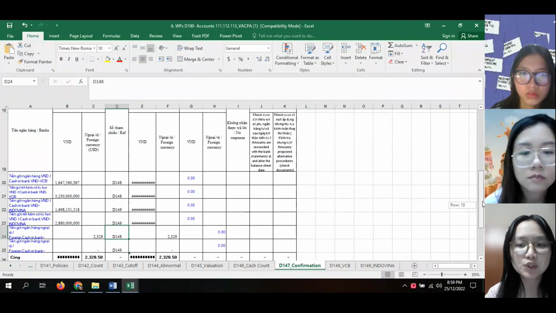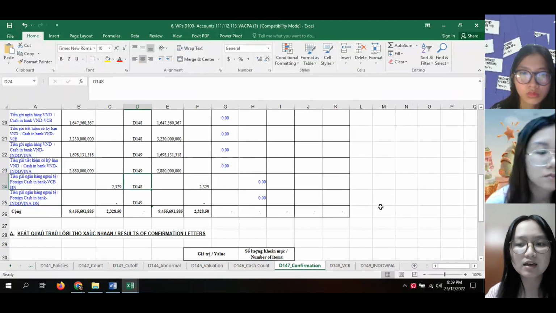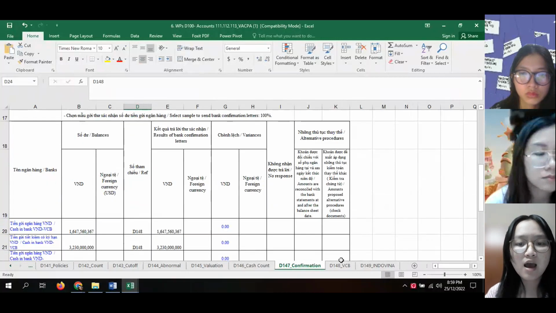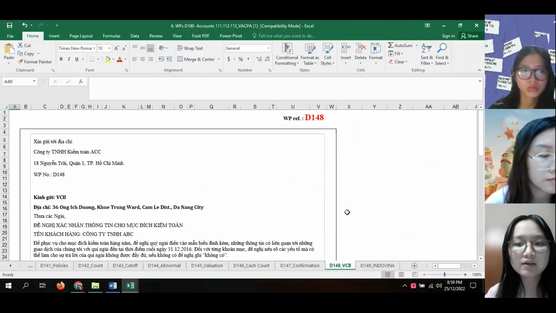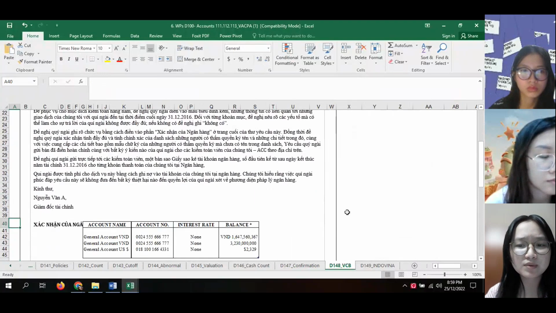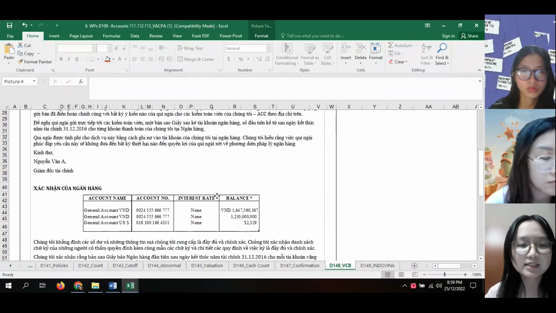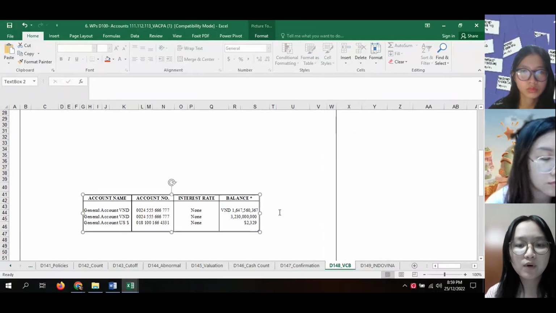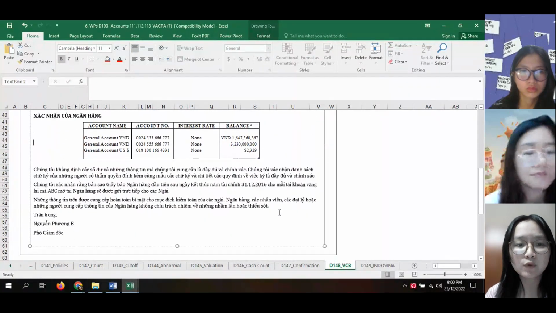The work to do in this working paper is to prepare and send confirming letters on account balances to the banks, and aggregate the results obtained, comparing them with the balances on the subsidiary ledger, to specify about D147.